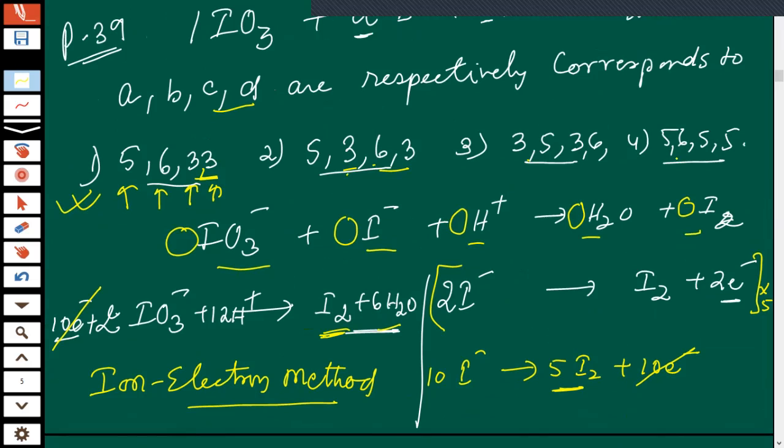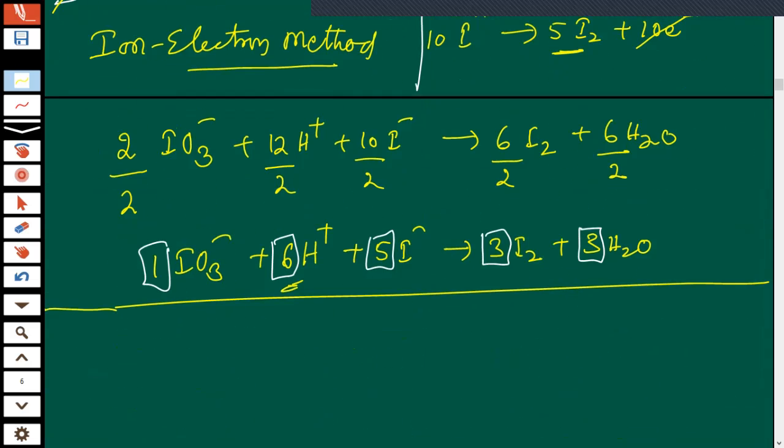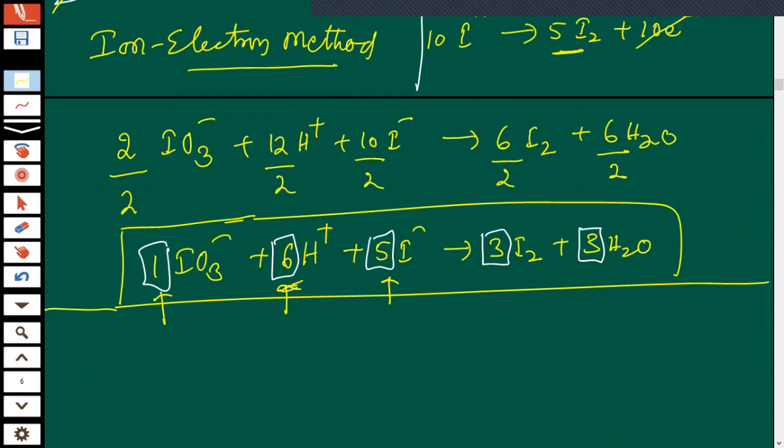They ask which option is correct. So first we balance the reaction, and after balancing we find the numbers and use them in the options. Don't worry, I am giving you another question. Pay attention from the beginning.